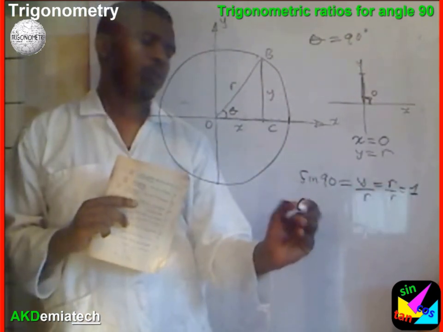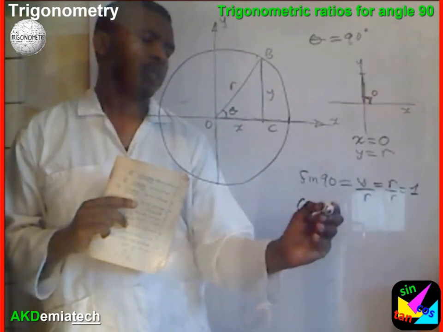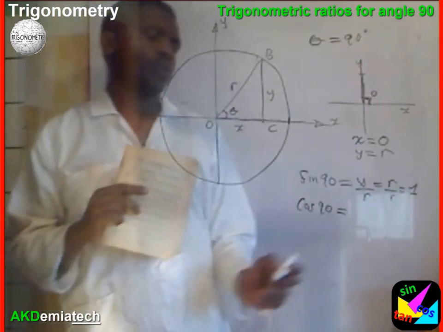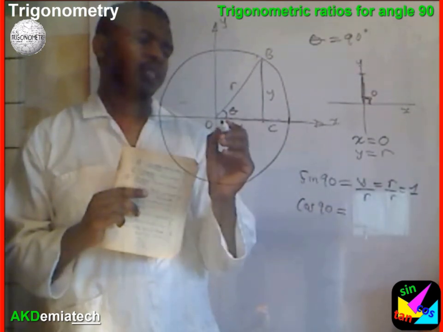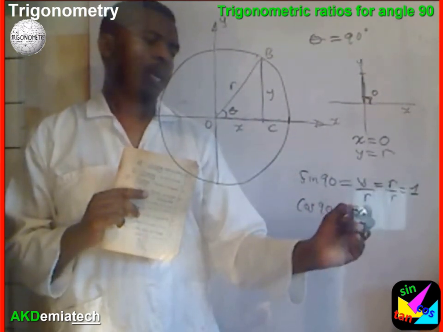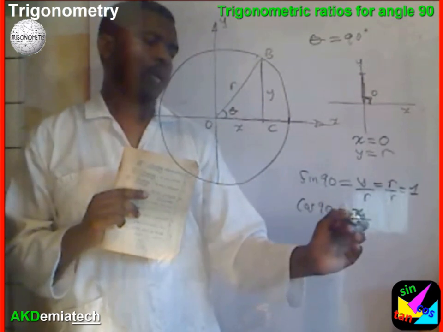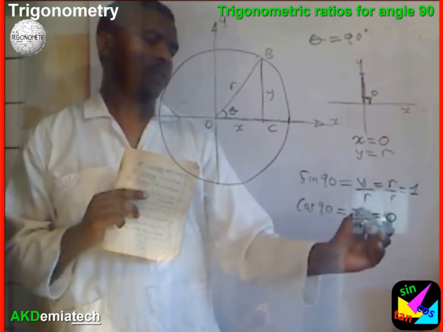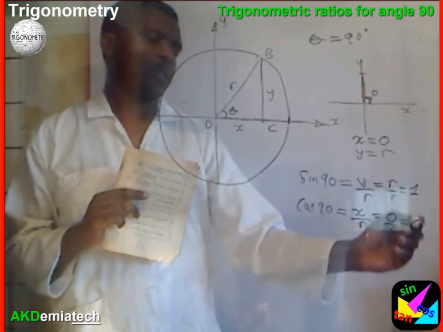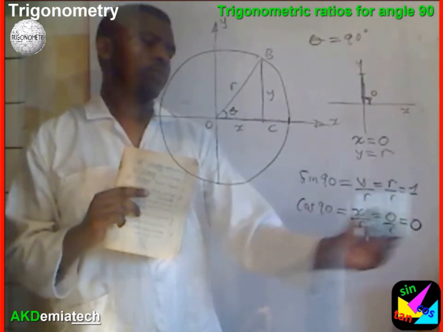What is cos 90? So we have adjacent, this is x all over hypotenuse r. But x is 0, so we have 0 all over r is equal to 0. Cos 90 is equal to 0.